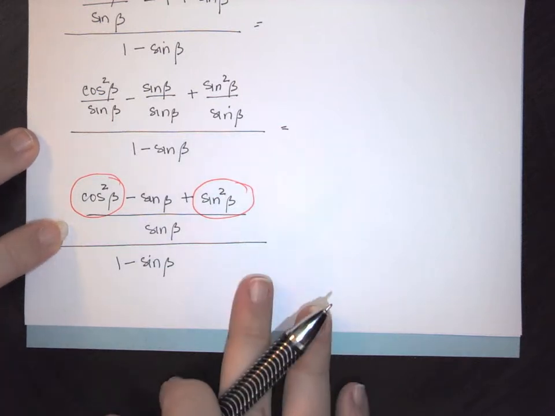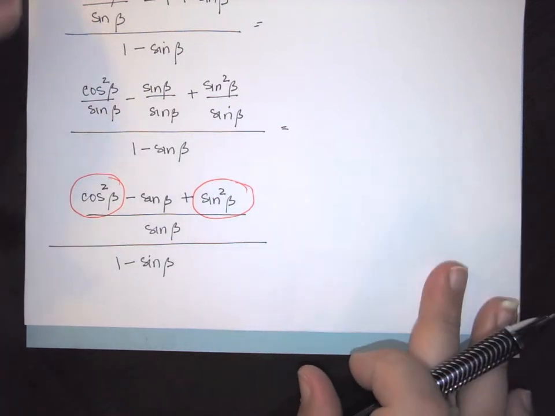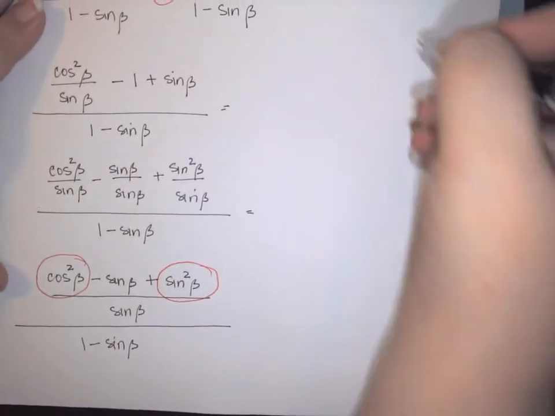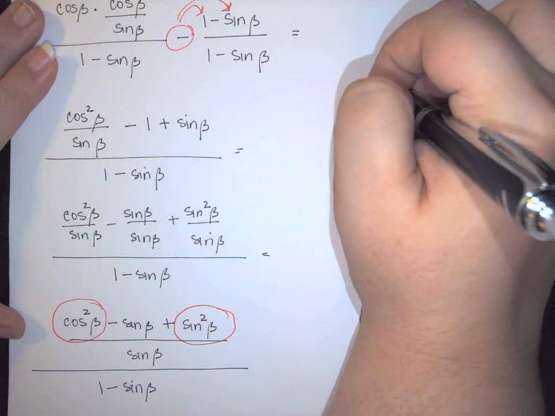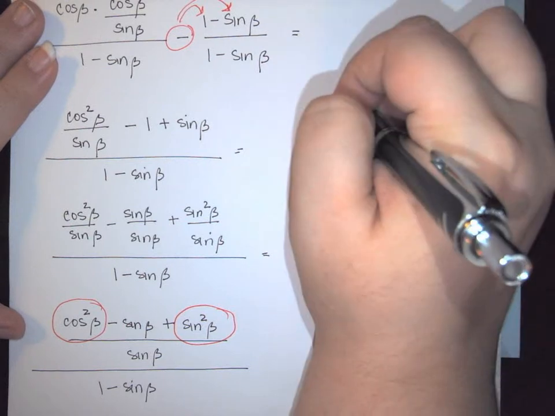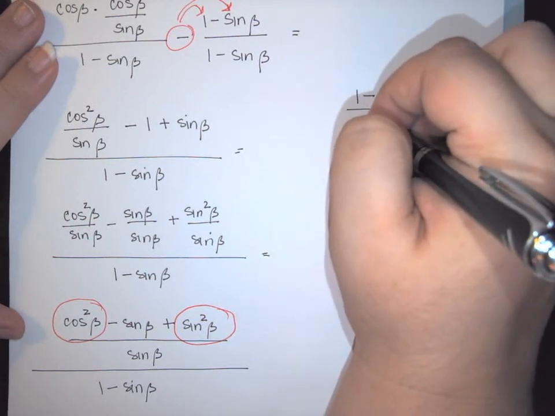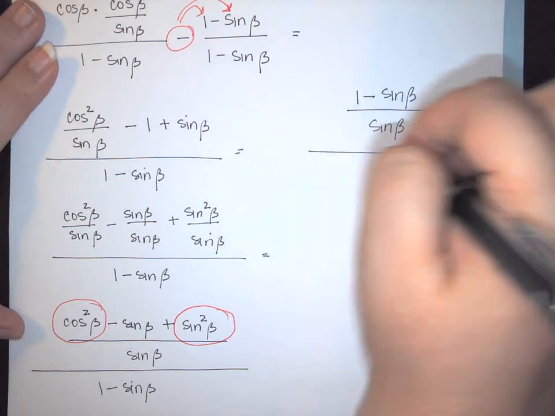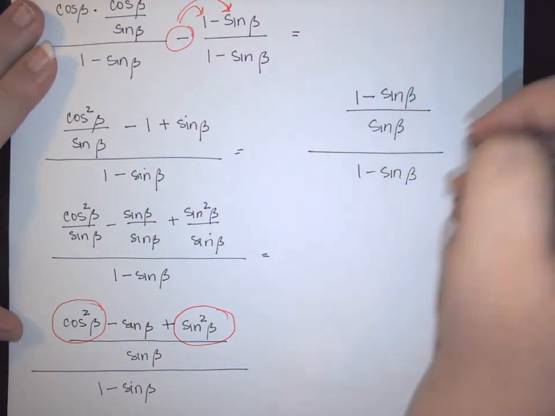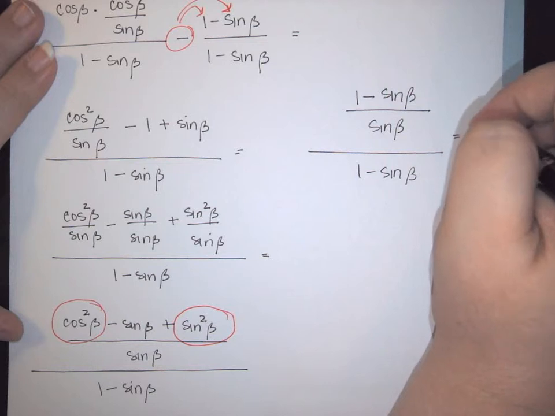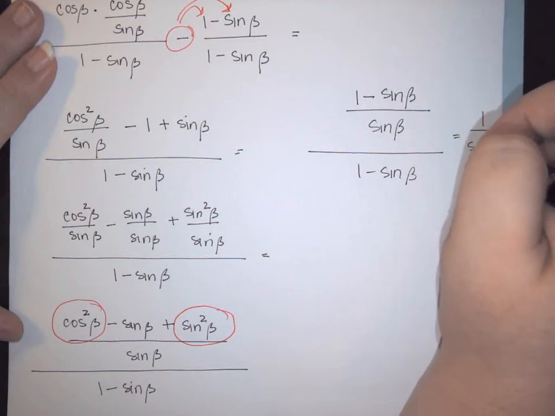So I can actually rewrite my fraction here to say 1 minus the sine of beta all over the sine of beta, and that whole thing is still over 1 minus the sine of beta, should equal what we wanted, 1 over sine of beta.